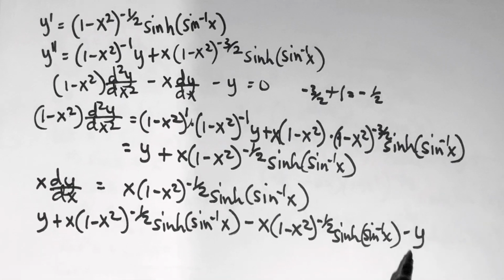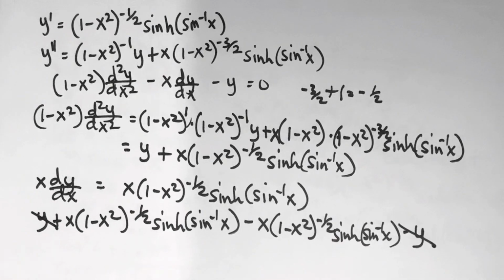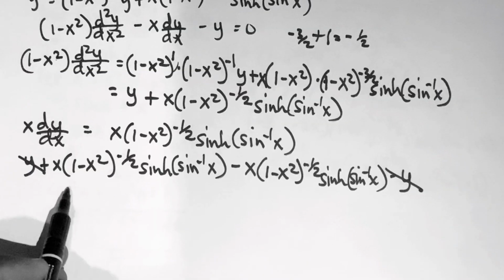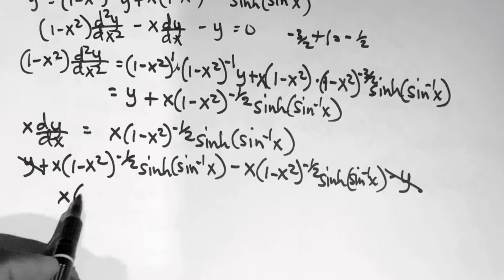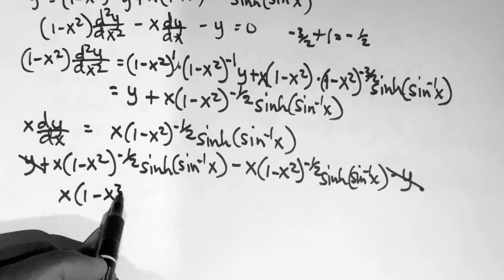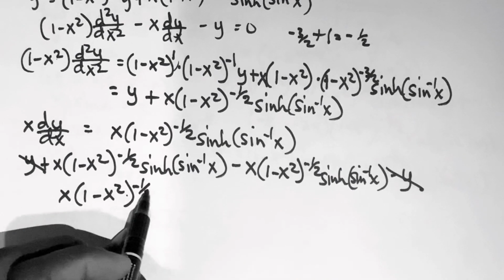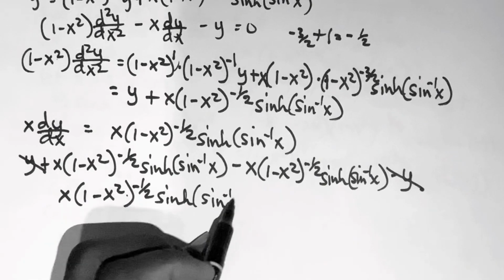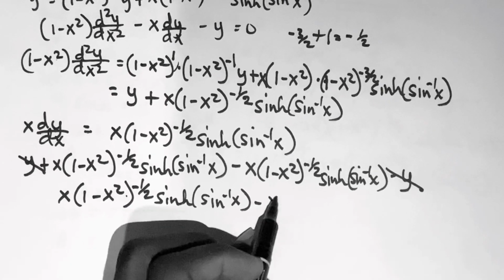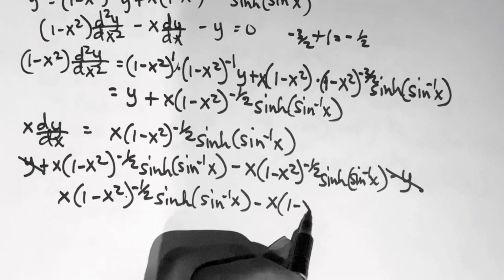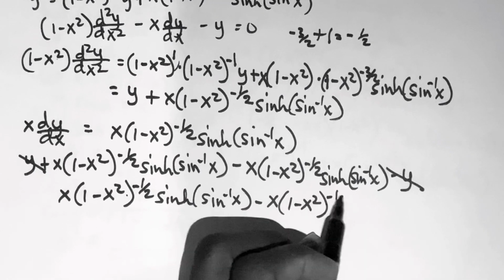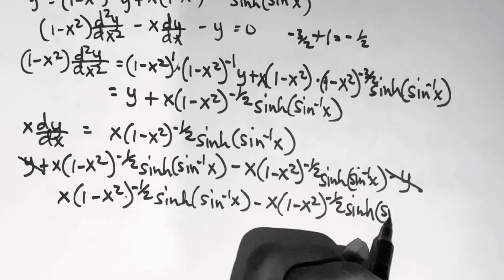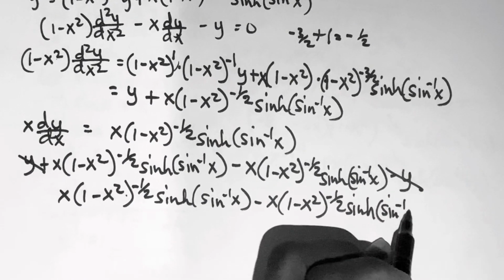However, you can see that this minus y and plus y will cancel out. So we are going to be left with x into bracket (1 minus x squared) exponent minus 1/2, hyperbolic sine of sine inverse of x, then minus x times (1 minus x squared) exponent minus 1/2, hyperbolic sine of sine inverse of x.